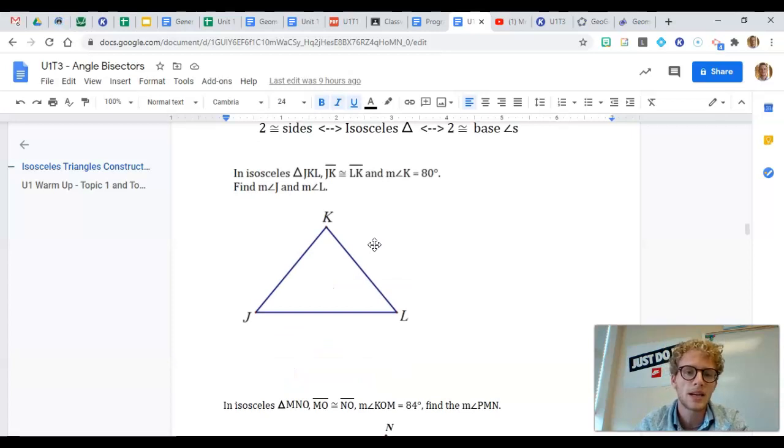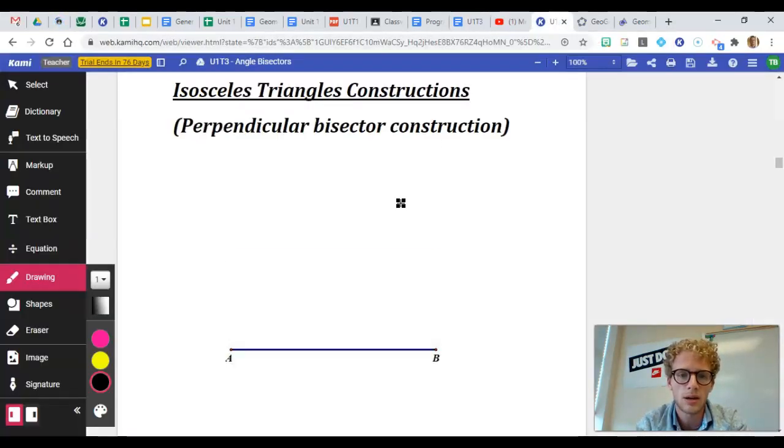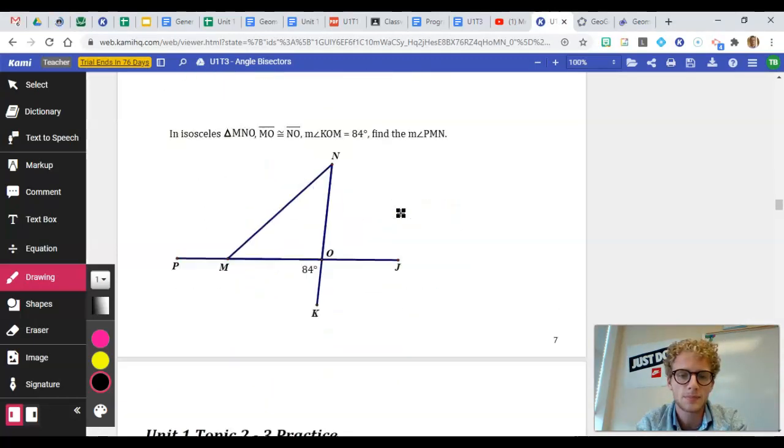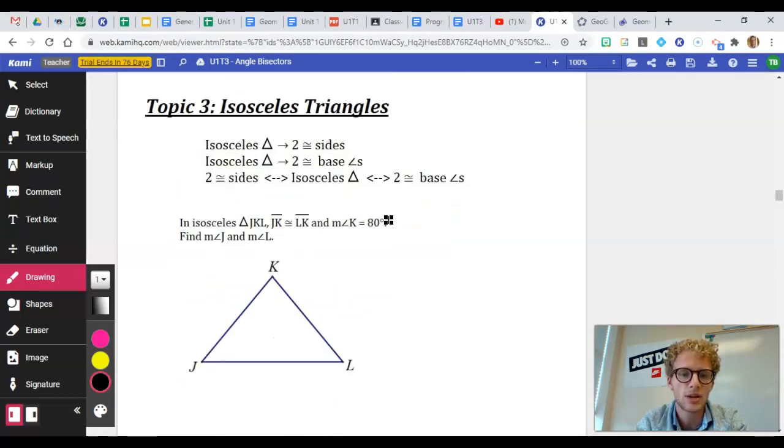So, in isosceles triangle JKL, alright, let me go over here. In isosceles triangle JKL, it's telling us it's isosceles. It's also then saying JK is congruent to LK. JK is congruent to LK.